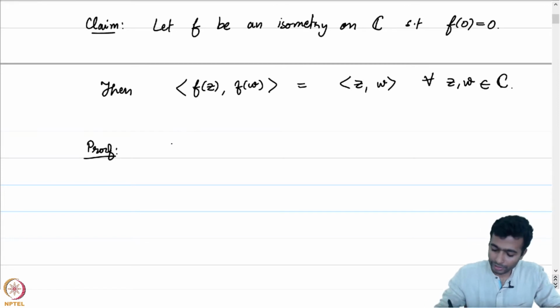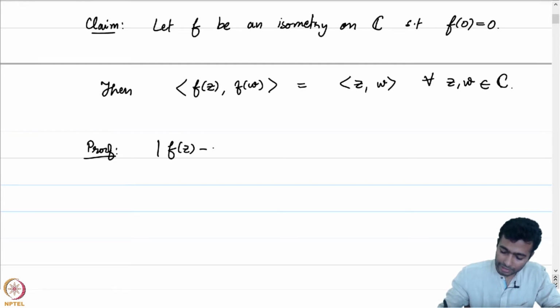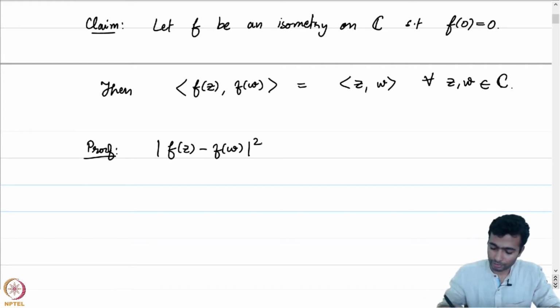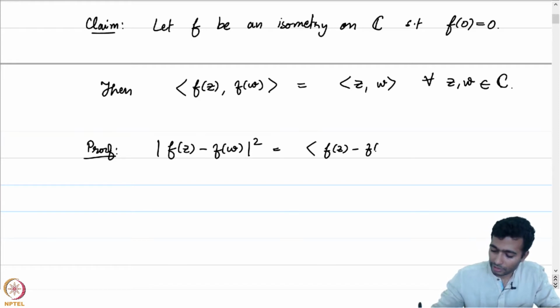The key thing to note here is that if you look at the absolute value of f of z minus f of w the whole square, this is actually a statement which is true in general inner product spaces. So that's why a norm would have worked in an inner product space rather than just focusing on the complex plane. But nevertheless, this is basically the inner product of f of z minus f of w with itself.